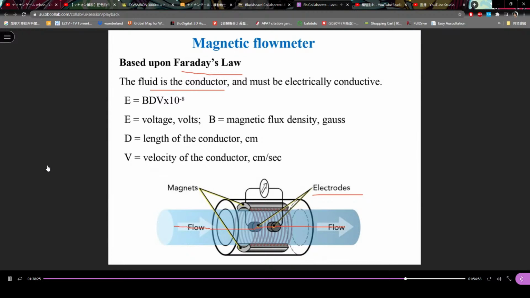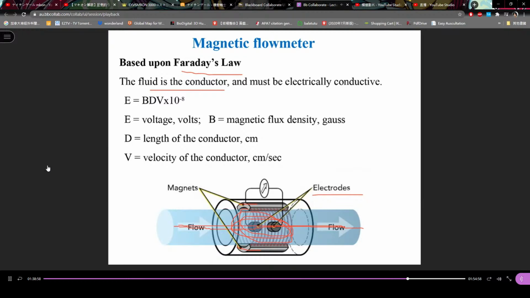This is a magnet, and very, very small power or electricity can be generated through this magnet. Through this coil and magnet, because water flows in the magnetic field, that's why power can be generated.